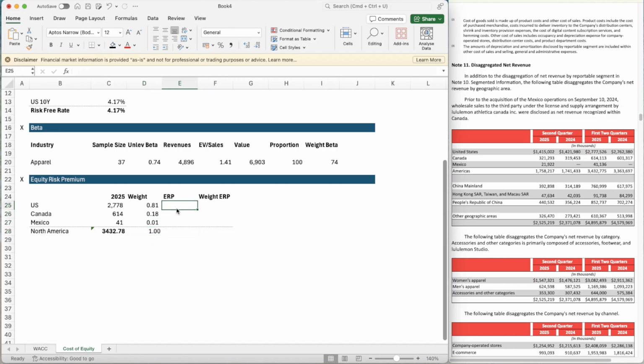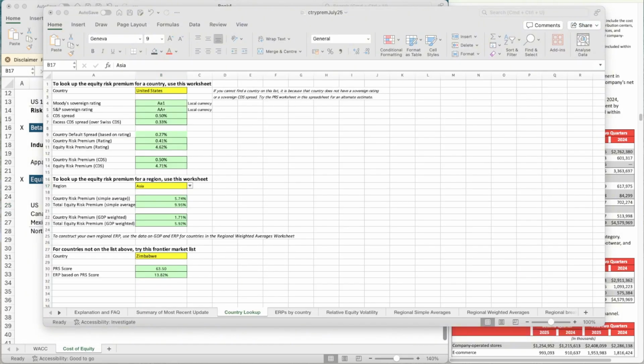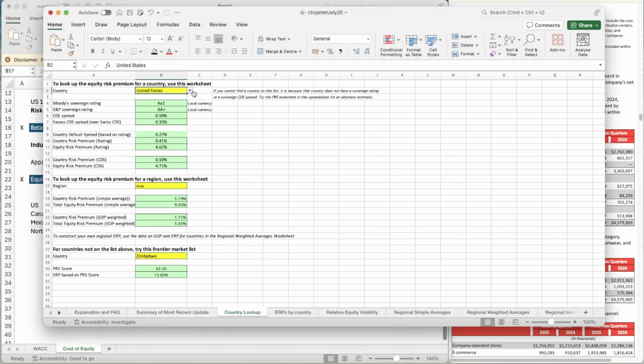Now the ERP for each of these countries, how we do this is we use this spreadsheet and we can put in the country that we want to look at.